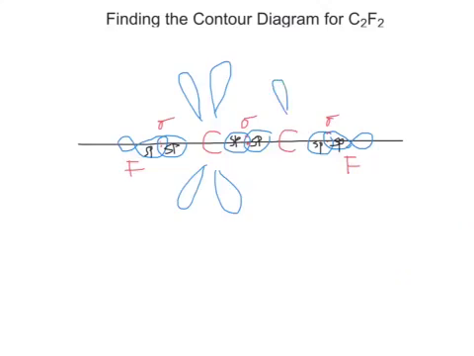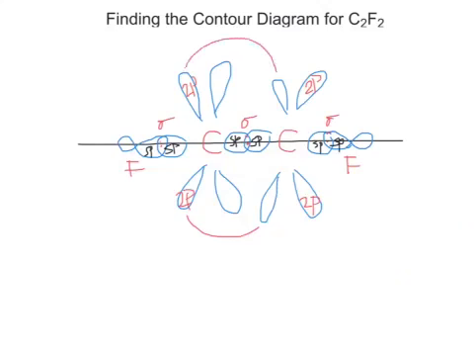So we draw these little rabbit ears, if you want to call them, to help us represent our 2p orbitals. 2p and 2p. Now, these connect in a very important way. We have these two here correspond to one single bond, because you can take each little ear as being a quarter of a bond.